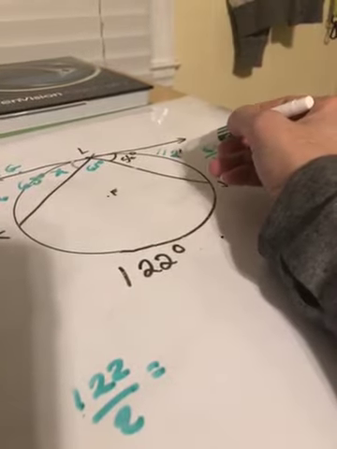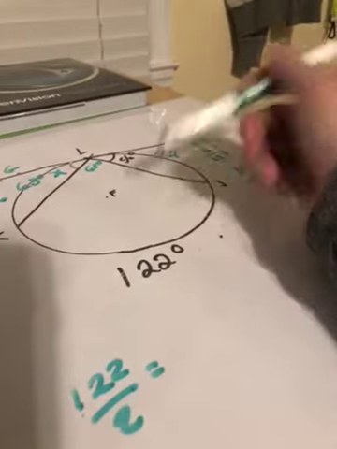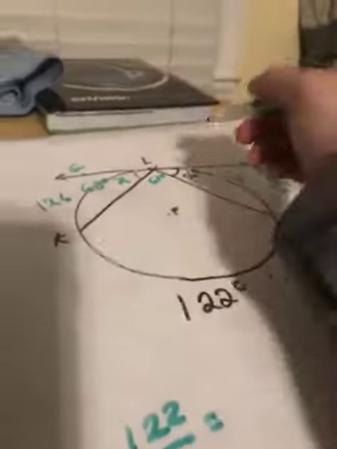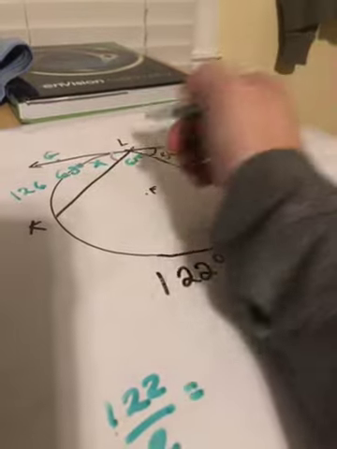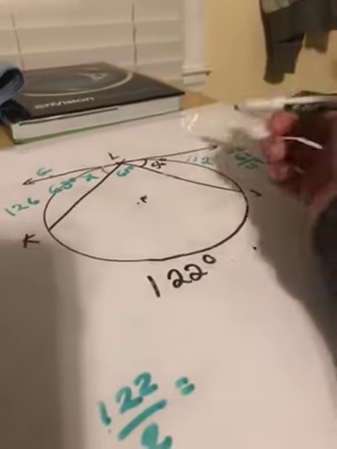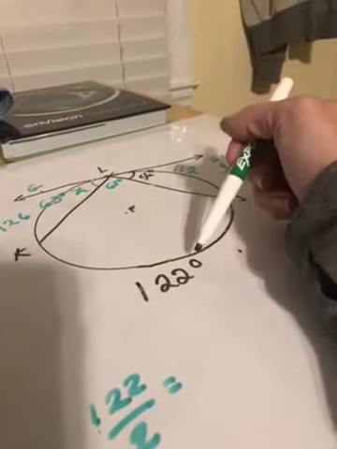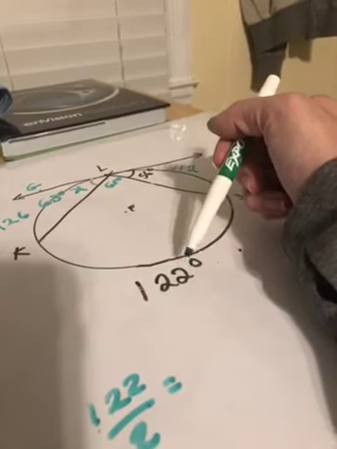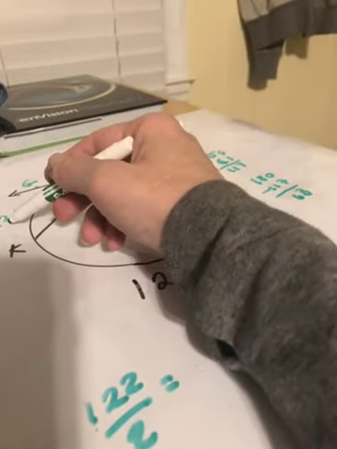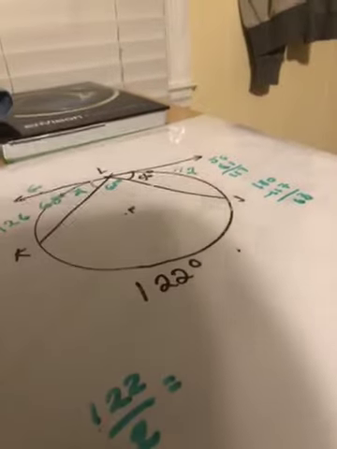Then double check, make sure all 3 arc measurements add up to 360, and make sure all 3 of your angles add up to 180 because they all together make a line. So 112, 122, I'm going to have 234, and 126, I will get 360.